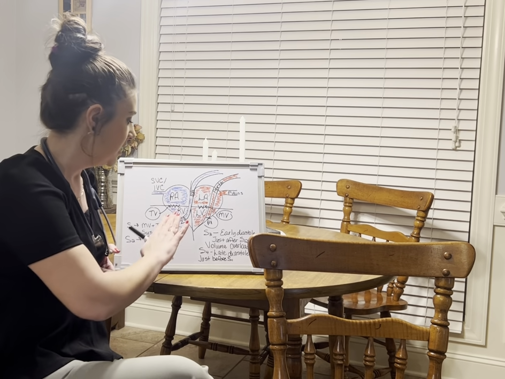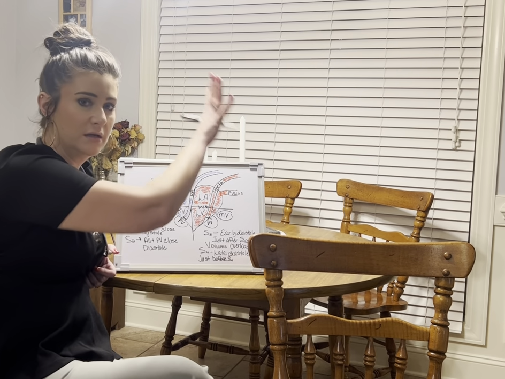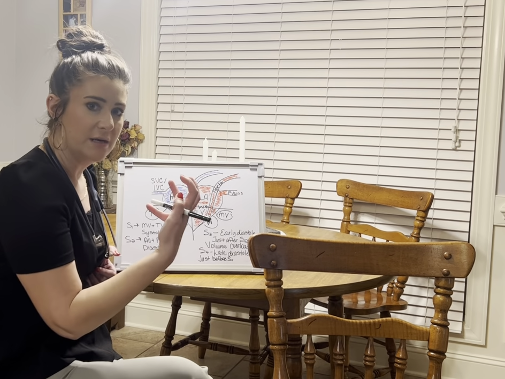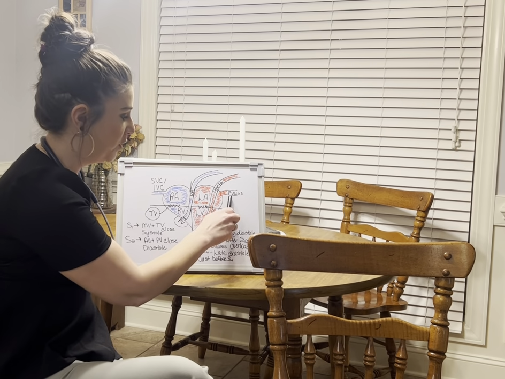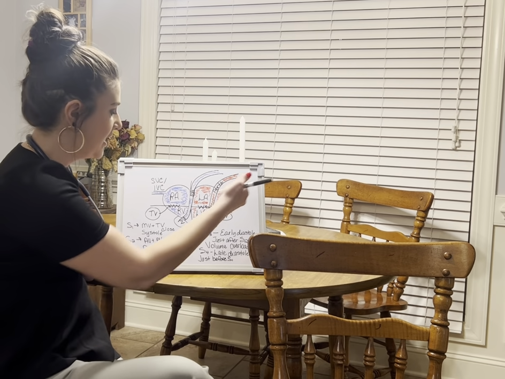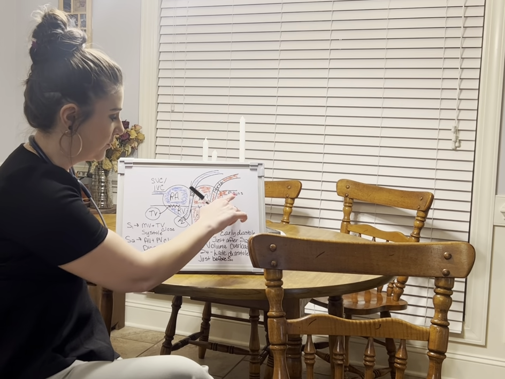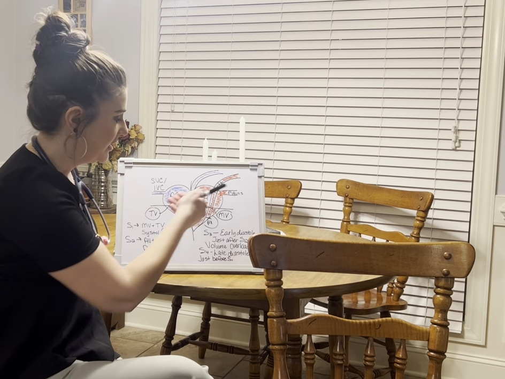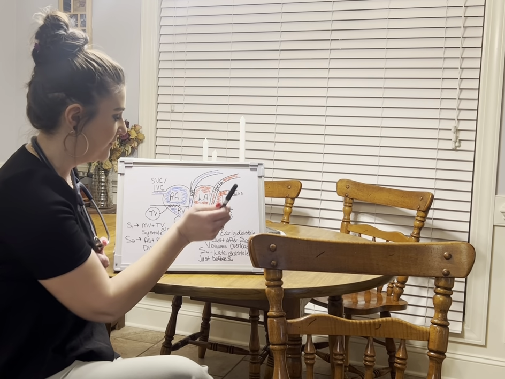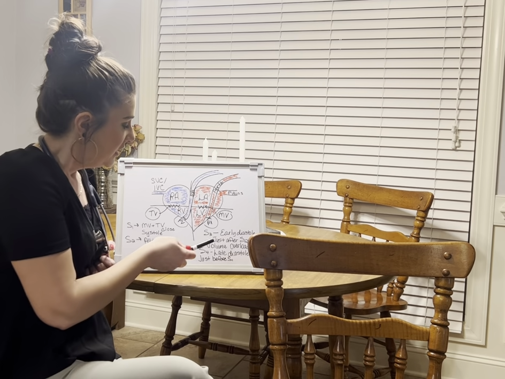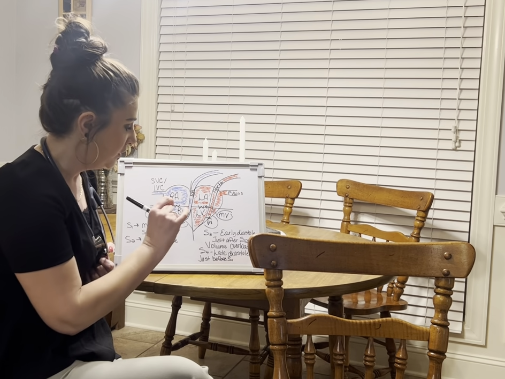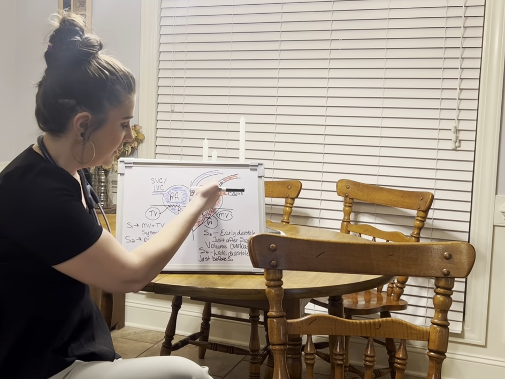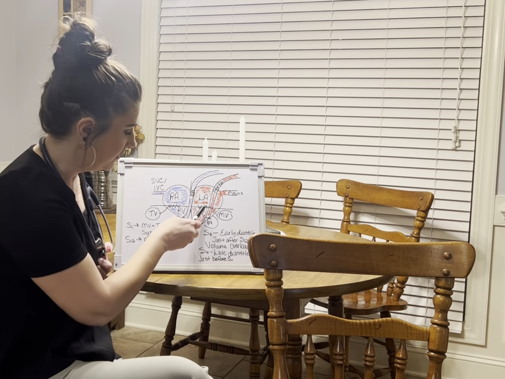So it carries unoxygenated blood off to the lungs to get oxygenated, and then that oxygenated blood is brought back by the pulmonary veins into the left atrium. So we have red oxygenated blood being brought back into the left atrium by the pulmonary veins. That blood then flows through our only normally bicuspid valve, or mitral valve, down from the left atrium into the left ventricle.